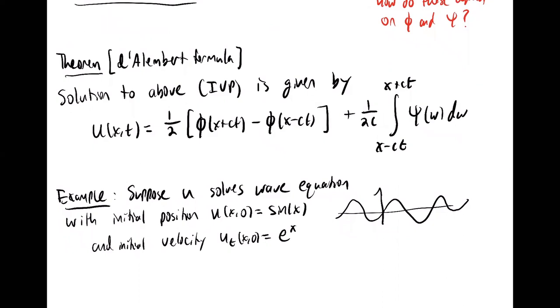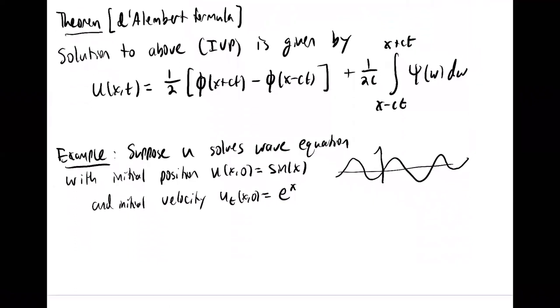Well, given these two initial conditions, I can use the theorem to find the solution, right? So the theorem says that u of x,t is equal to 1/2 times sine of x plus ct minus sine of x minus ct.